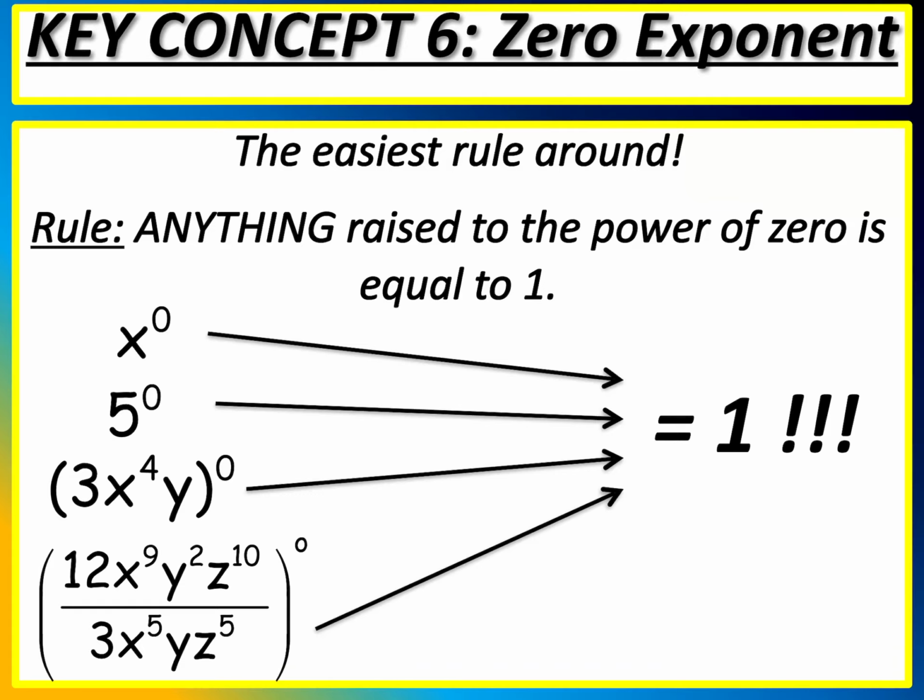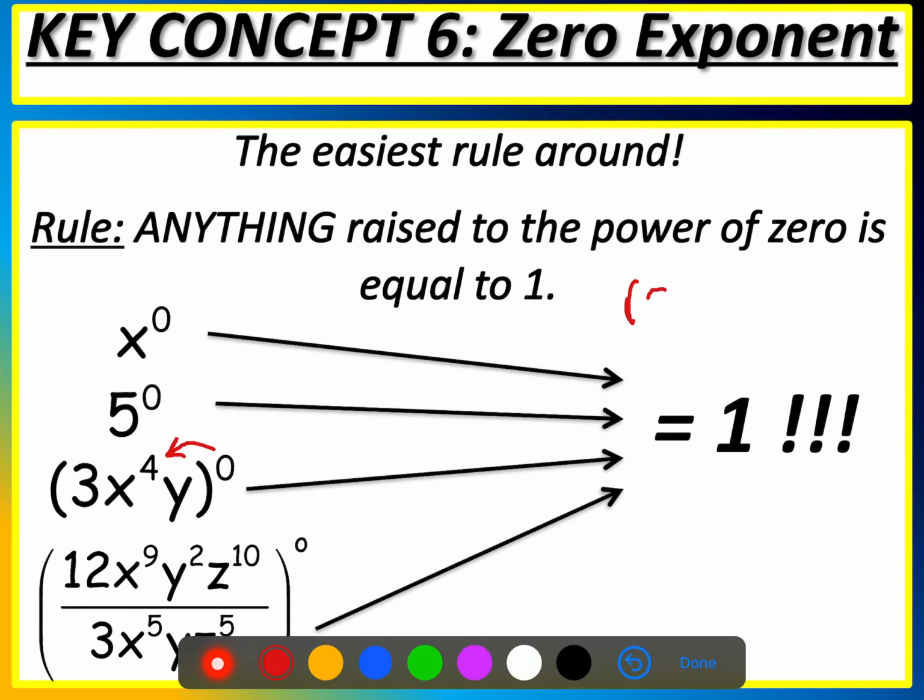Okay, but be careful. It is only the expression that the 0 power is touching. So there's a difference between the expressions that are written here and perhaps something like this.